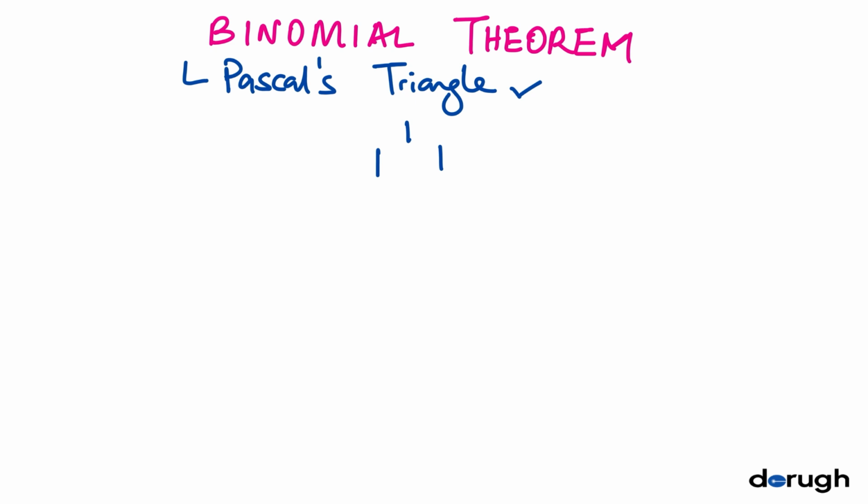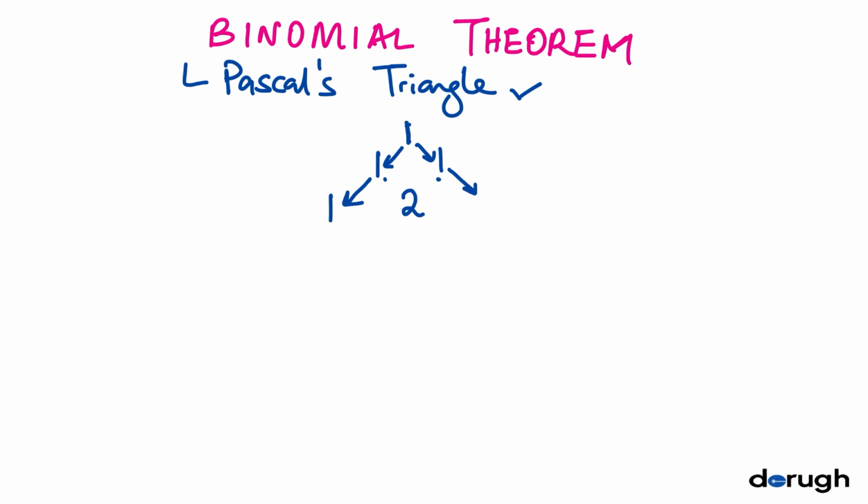So in this case, you just have the single 1, and so 1 plus nothing will be 1 on this side and 1 on the other side. Now we're going to the next level. 1 plus nothing will be 1 on this side. This 1 plus this 1 will give 2, because 1 plus 1 is 2. And 1 plus nothing will be 1 on this side.